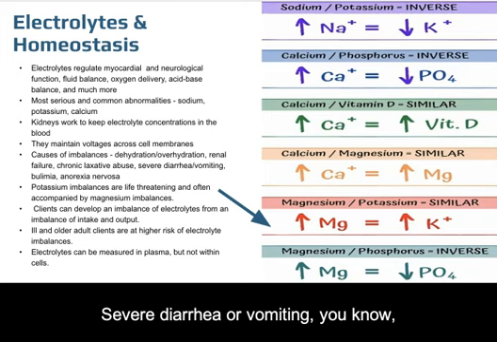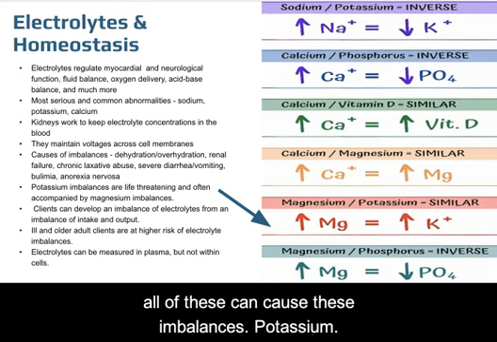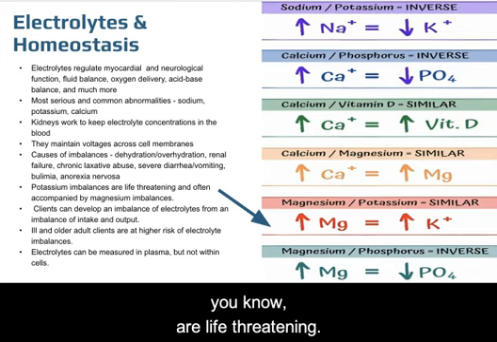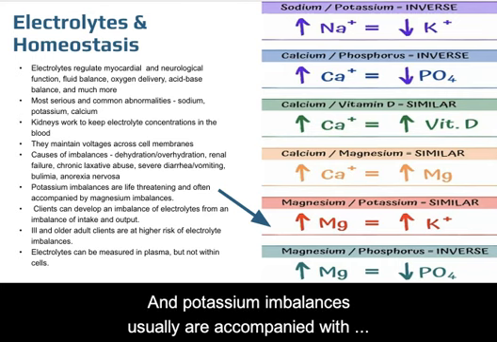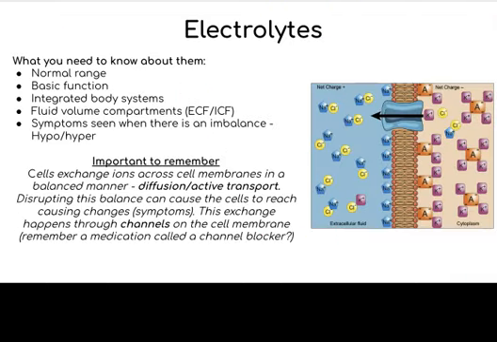Severe diarrhea or vomiting, bulimia, anorexia nervosa, all of these can cause these imbalances. Potassium imbalances are life-threatening, and these should be corrected immediately. And potassium imbalances usually are accompanied by magnesium deficiencies. So magnesium also has to be corrected to normalize the potassium levels.